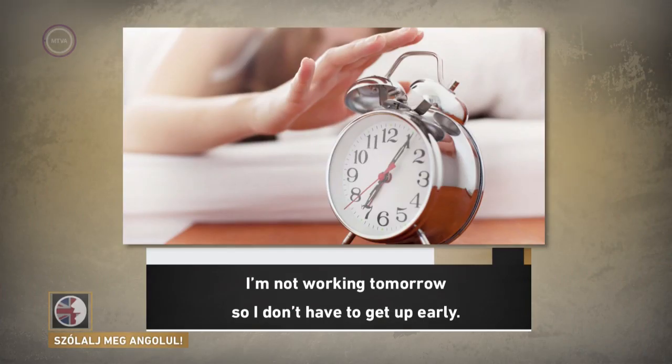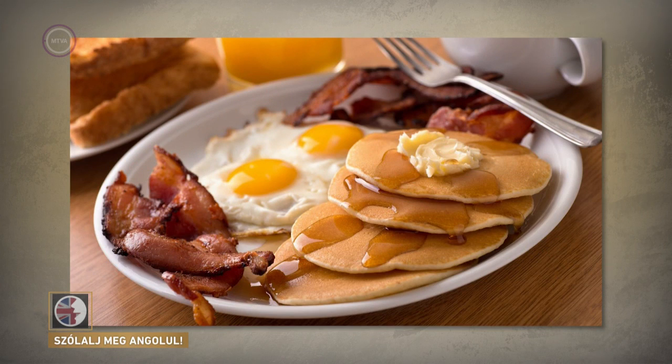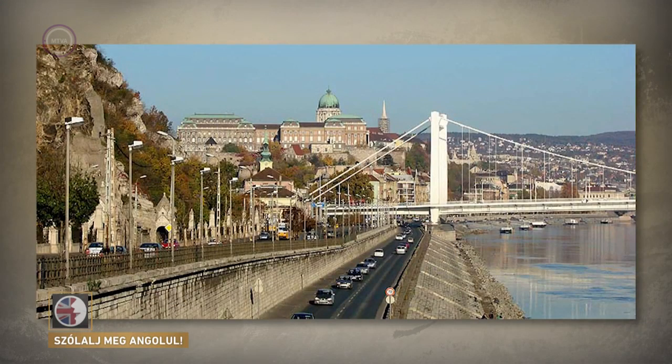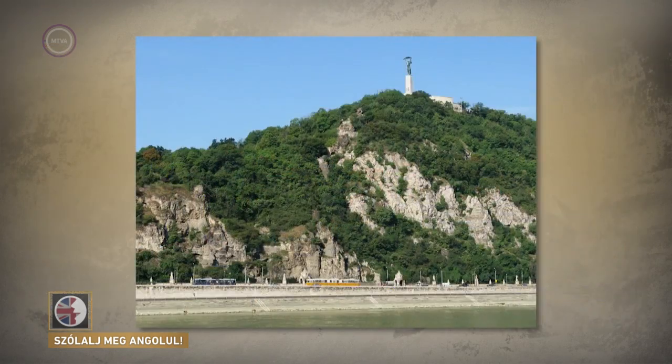I'm not working tomorrow, so I don't have to get up early. Okay, but it's possible that I will get up early. Maybe I'll have my breakfast earlier than usual. Maybe I'll go for a run or do some exercise. Maybe I'll go down to the Danube and watch the river. Maybe I'll climb up to the top of Gellert Hill and watch the city from the top of the hill.